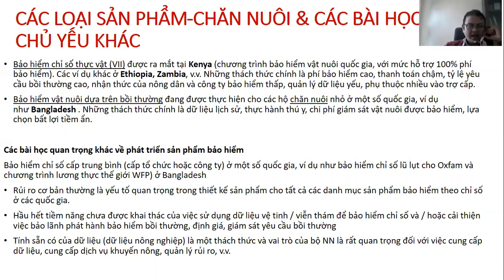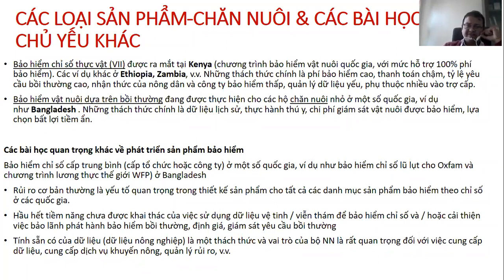Okay. And then finally, some other lessons on the product development, some interesting or relevant results, has been that it's possible to have meso level, so that's basically a company or institutional level index insurance products. These are products which may not be purchased by the farmers, and where the premium may not be paid by farmers at all, but might be paid by other entities.